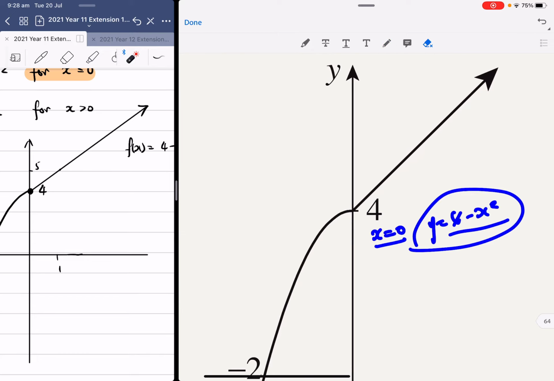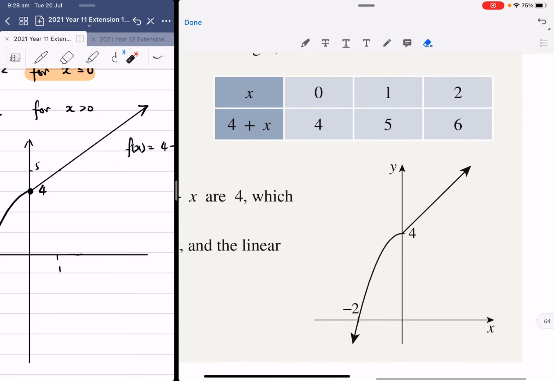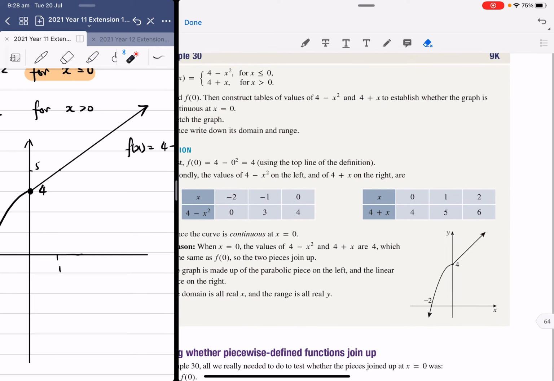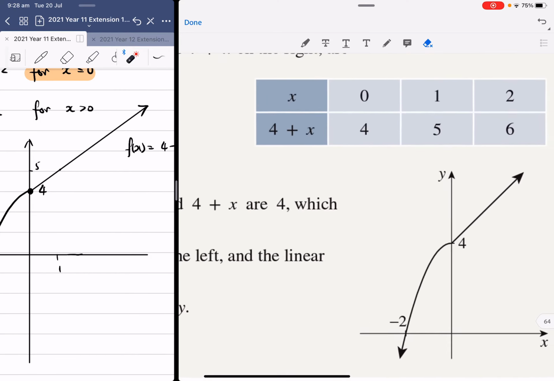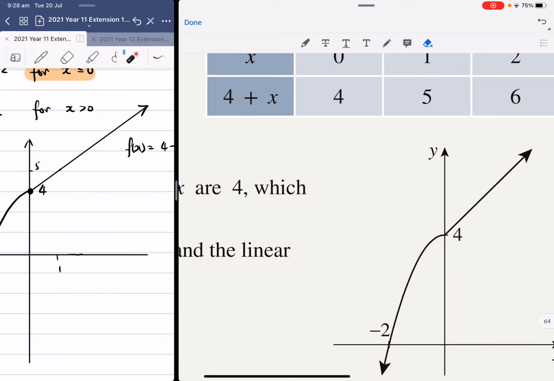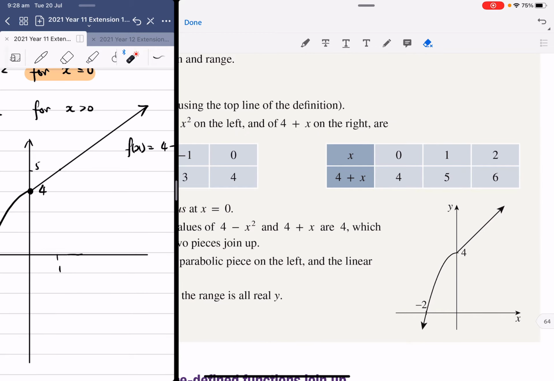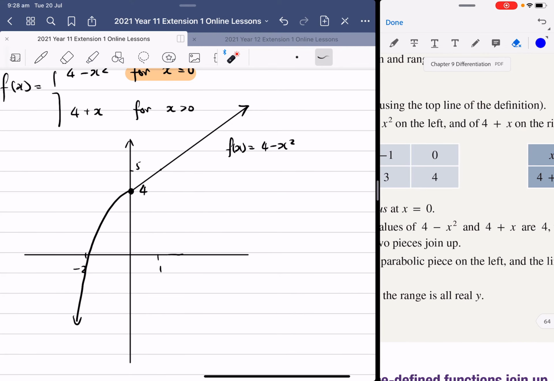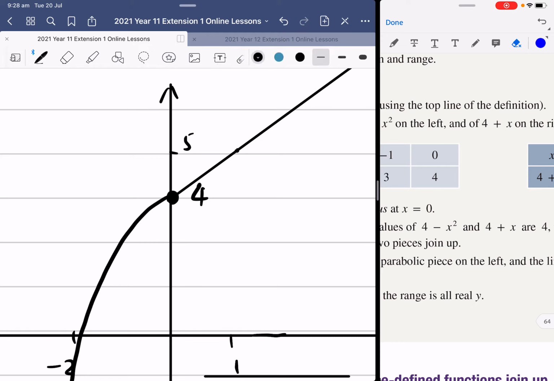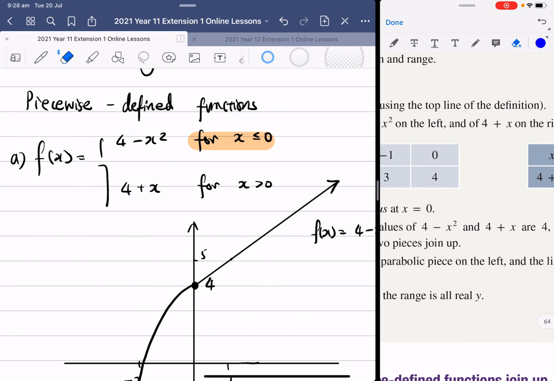As you can see, the textbook didn't really emphasize that when x is equal to 0, there is no point for the second function. So it's a bit tricky for a question like this. The way I usually do it is, I know sometimes the textbook doesn't emphasize it, but when x equal to 0, it only belongs to the first function, not the second one.